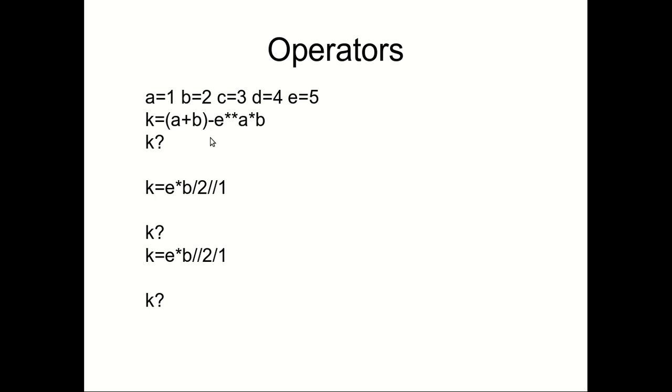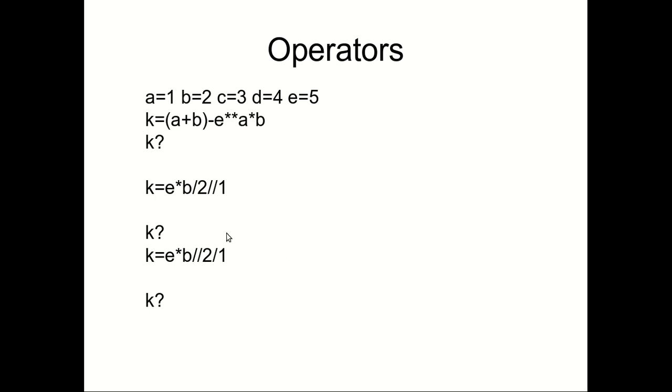The expression a plus b is evaluated first, resulting in a value 3. Then we have the exponent operation, e to the power a, so 5 to the power 1 resulting in 5. Then the highest precedence is multiplication, so 5 multiplied with b results in 10. So we have 3 minus 10 resulting in minus 7.